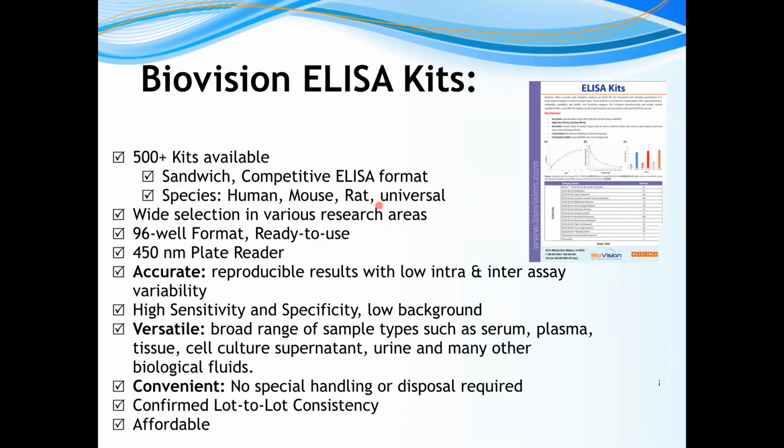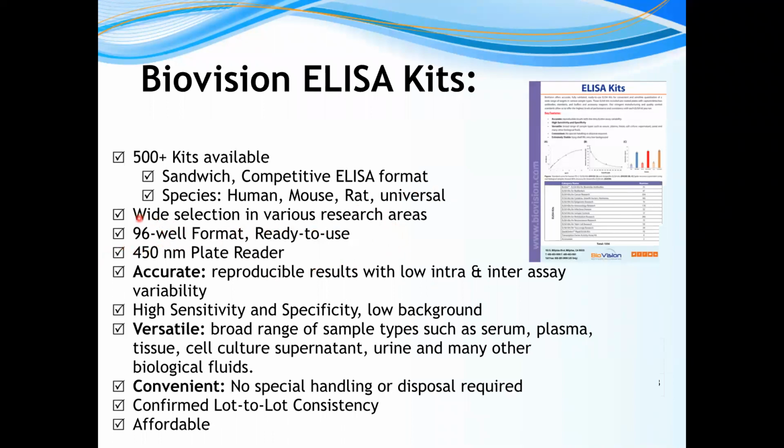We do offer ELISA kits for other species like goat and rabbit, and kits that can be used for any species, what we call universal species. They can be used for mammals, bacteria, or any other species. We have a wide selection of ELISA kits in various research areas.